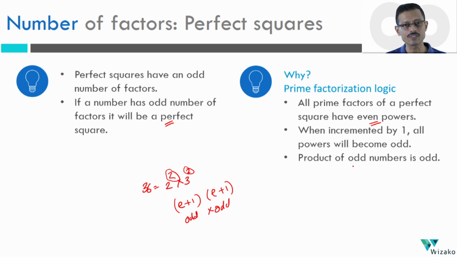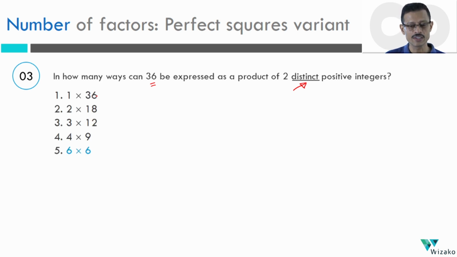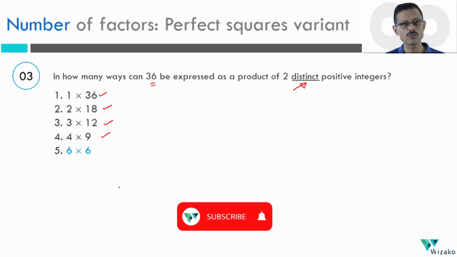Let's wrap this entire thing with one more example. In how many ways can 36, same number, be expressed as a product of two distinct positive integers is this variant? Let's list down whatever we had. 1 into 36, 2 into 18, 3 into 12, 4 into 9. In all these 4 instances, the two factors were distinct.